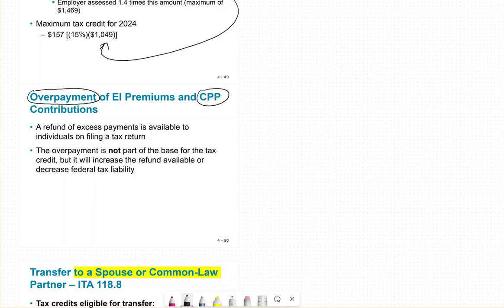If that happens, you're going to get a refund from the government for the overpayment. So they don't keep that money. Company A is going to submit your T4, and companies B and C, once they submit it, we are going to get a refund for the overpayments. That's what you're going to get.